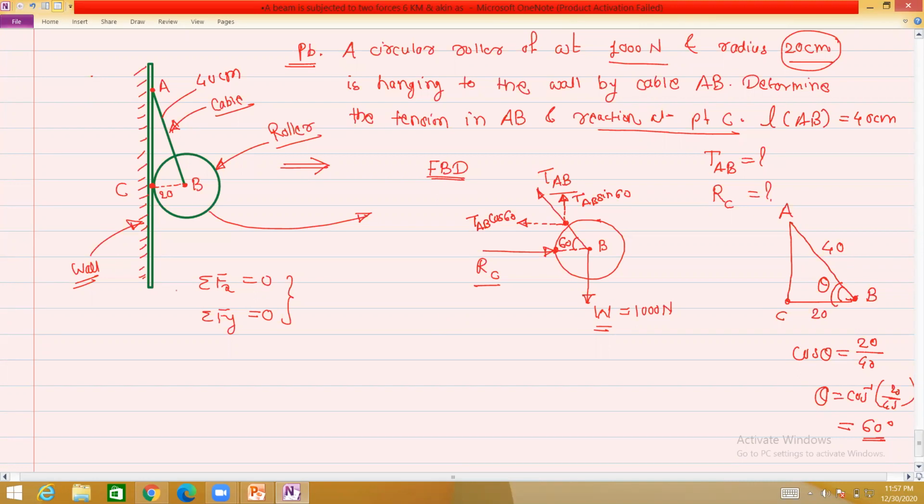So right now, we have to just write down the summation Fx. So for the summation Fx, RC acting in the positive x direction, then tension AB cos 60 acting in the negative x direction, it is equal to 0. So this is your first equation.